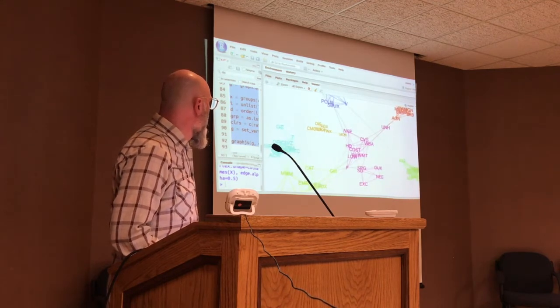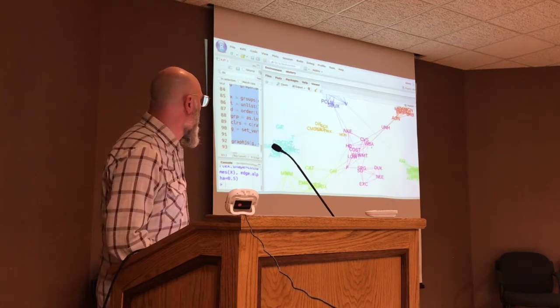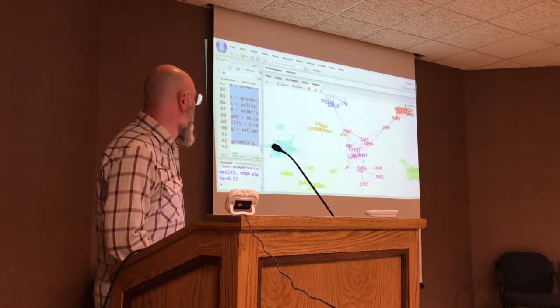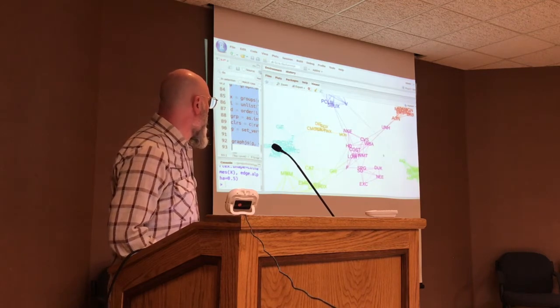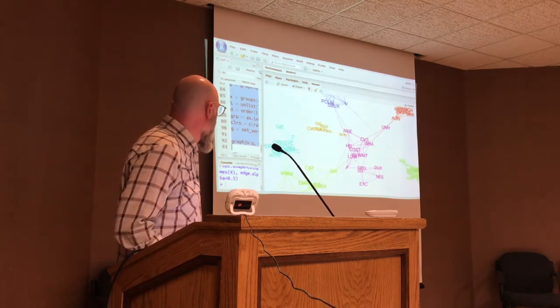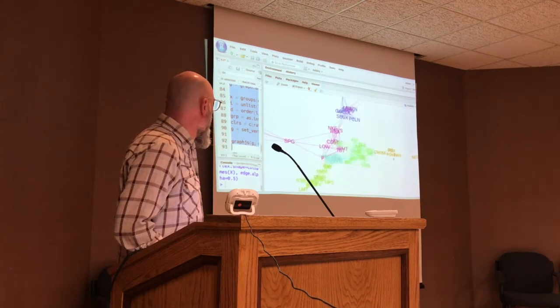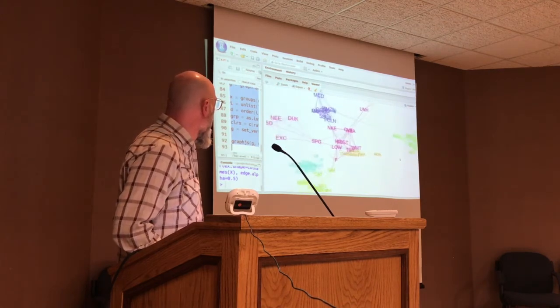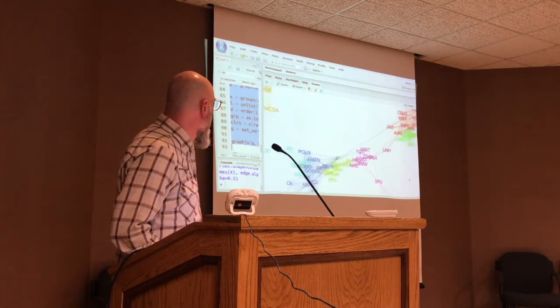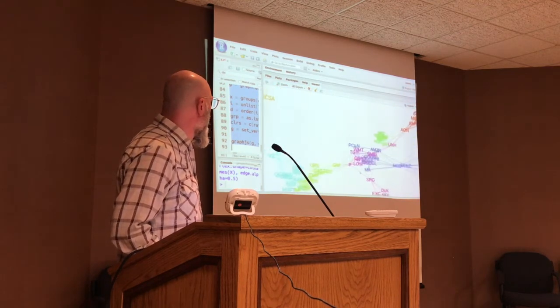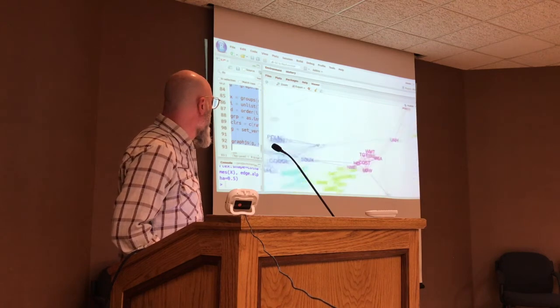Some consumer product stuff: Nike, CVS, Walgreens, Costco, Home Depot, Lowe's. Interestingly, where's Google? Google, Amazon, Starbucks in that blue. Is it here? Yeah, there's Google. So Google and Amazon are not with the other tech companies.